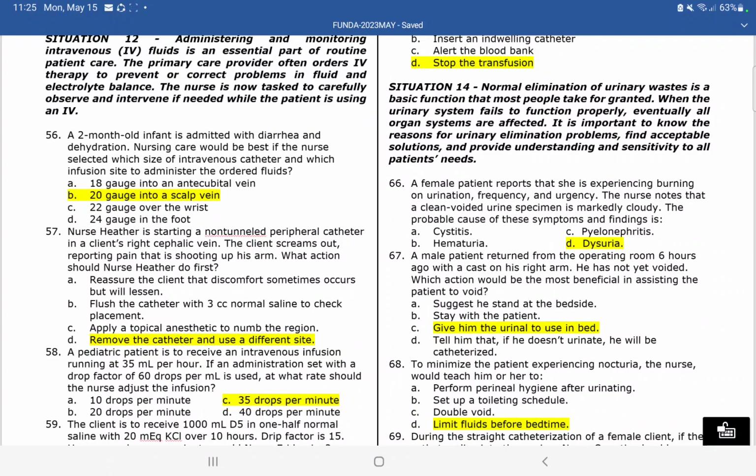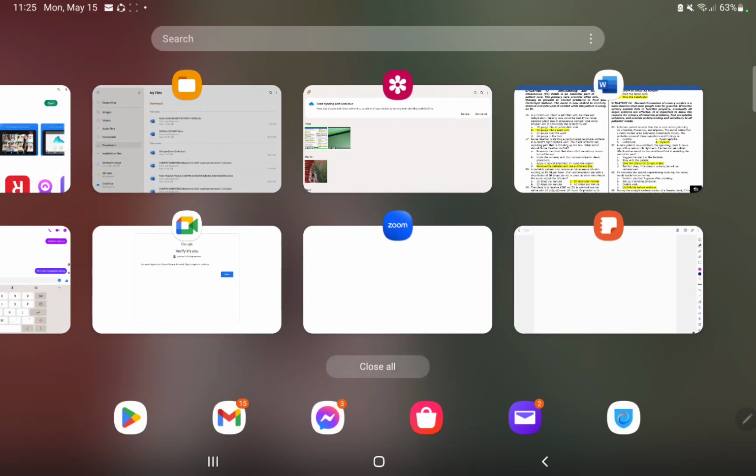She is experiencing burning on urination frequency and urgency. Oh, most probably the patient is having UTI. No? So, this is common problem. Cloudy pa talaga ang ihi niya. So, there is a urinary infection. Anong kaibahan ni UTI na upper and lower?